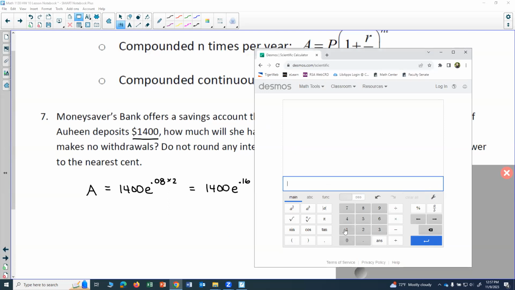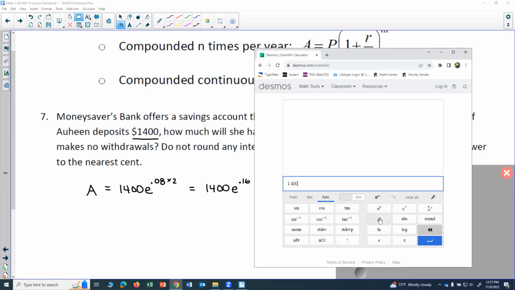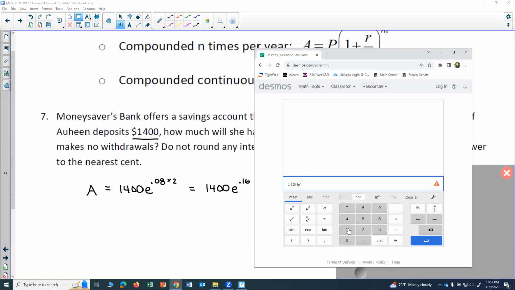So we'll go ahead and do 1,400. To get to e, you go to function and select e to the x, back to the main calculator and put in your exponent. And that would give you the amount, $1,642.92.